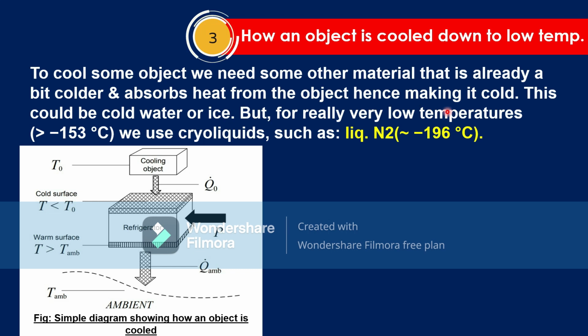But for really very low temperatures, below minus 153 degrees Celsius, which is the cryogenic temperature range, we use cryoliquids such as liquid nitrogen, which has a boiling point of minus 196 degrees Celsius. Notice that this is well below our preferred temperature. So you will see that we will use this liquid nitrogen for our cryogenics.